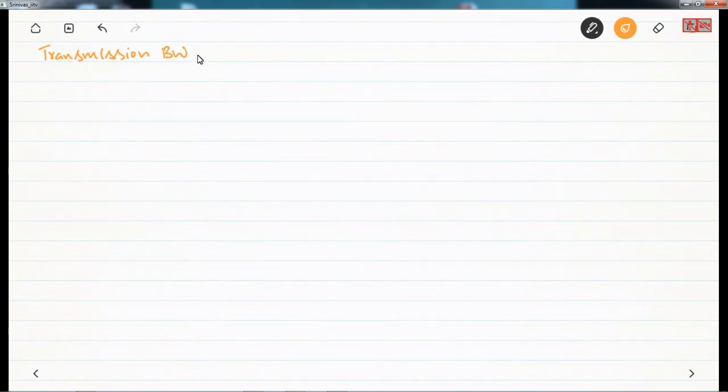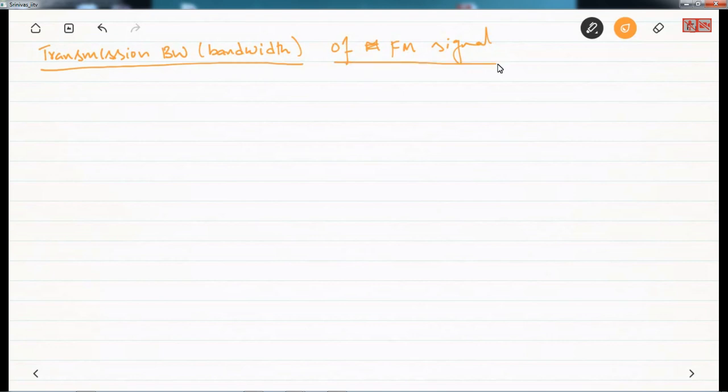Transmission BW, meaning bandwidth, of an FM signal or FM wave. You can understand that the bandwidth comes naturally after the analysis of the FM signal.